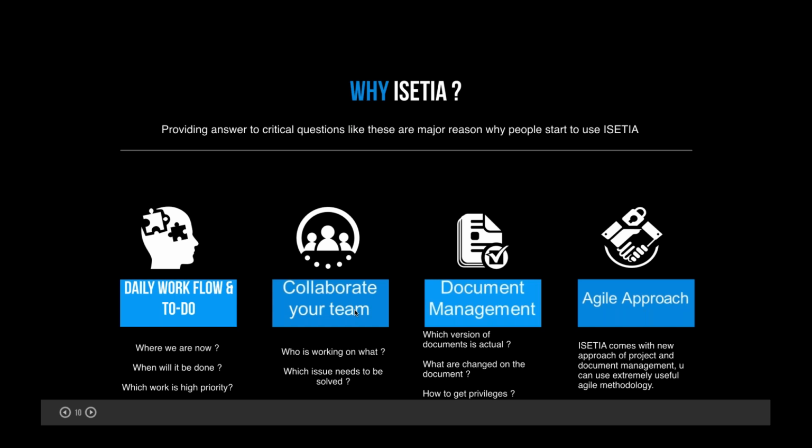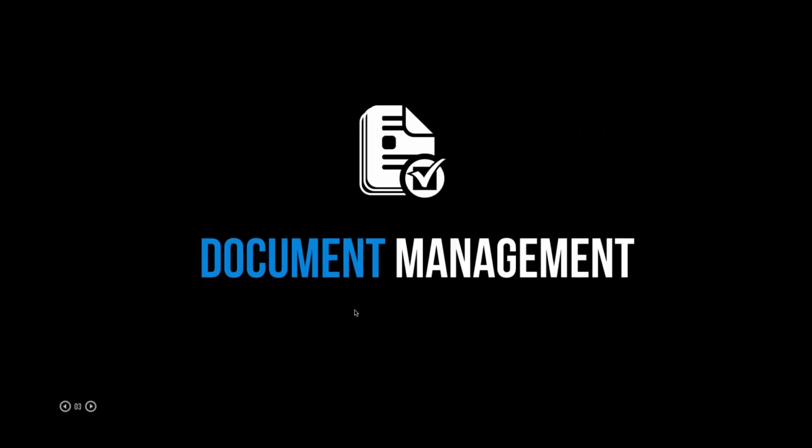You can easily see what is done now, what is being done, who is working on the to-dos on the ISETIA boards, and of course which documents are now actual, who changed something, to whom it was sent, or other questions that will come to your mind later on.